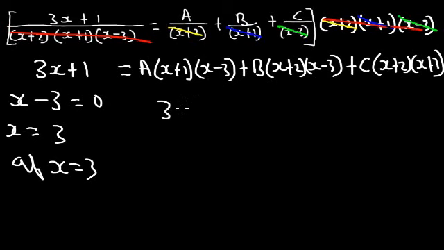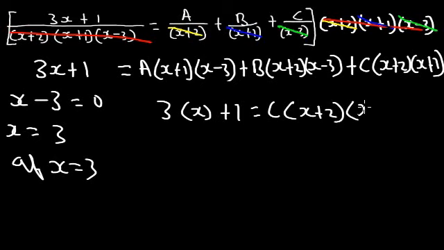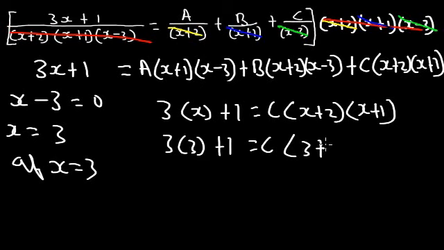So now we should have 3 multiplied by x plus 1 equals c multiplied by x plus 2, then x plus 1. So x is 3. 3 multiplied by 3 plus 1 equals c multiplied by 3 plus 2 multiplied by 3 plus 1.